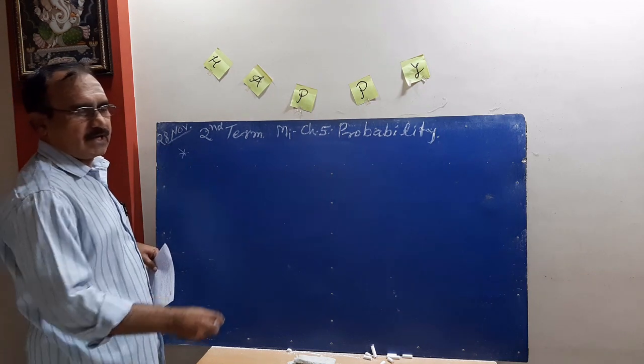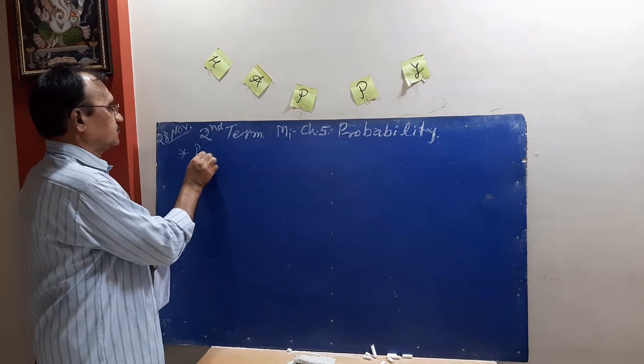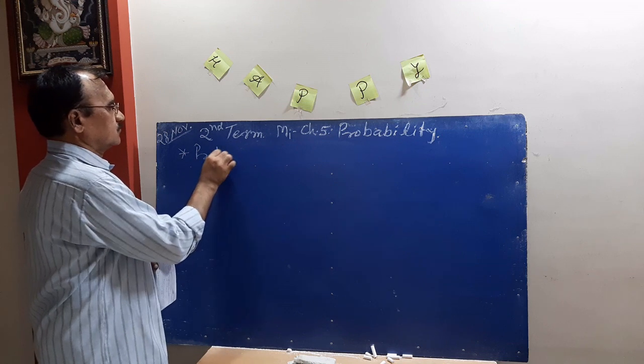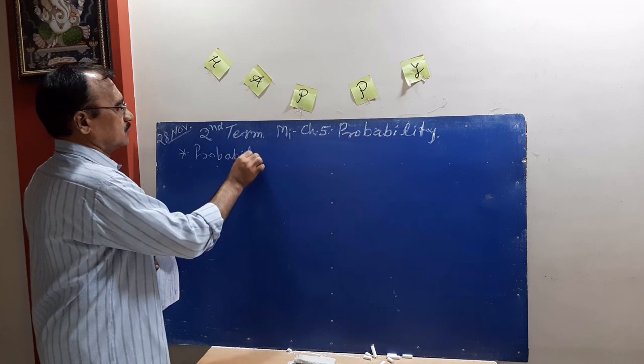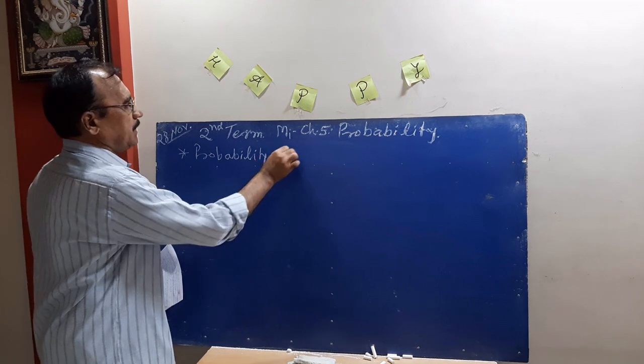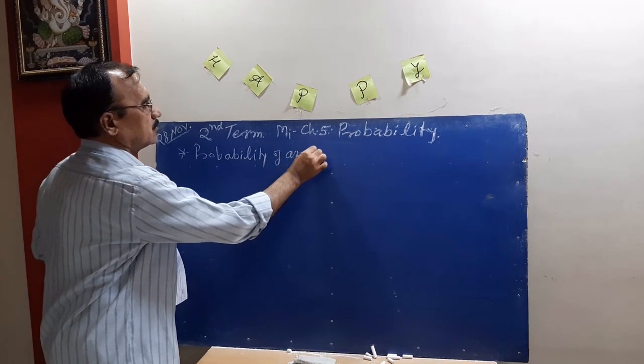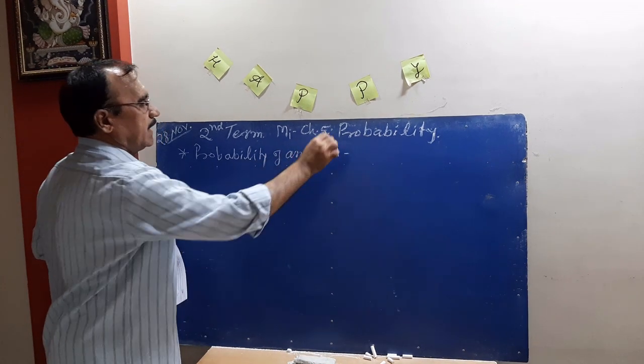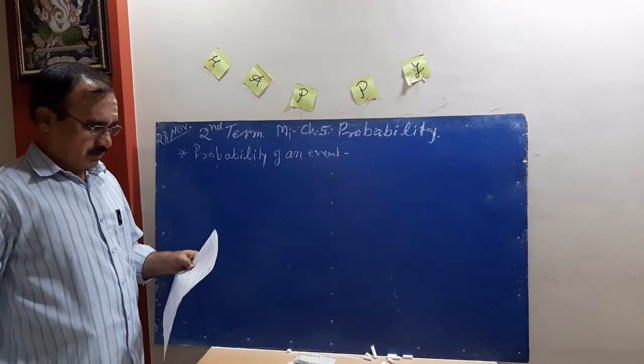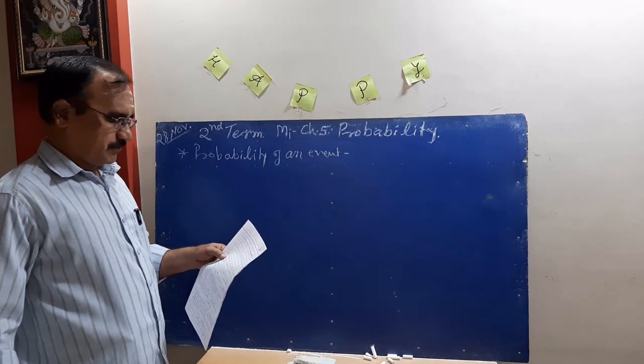Open your textbook and write down probability of an event. Write down the meaning.